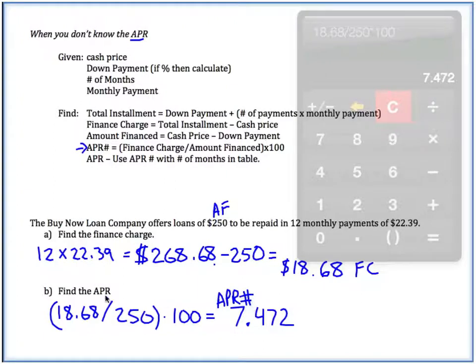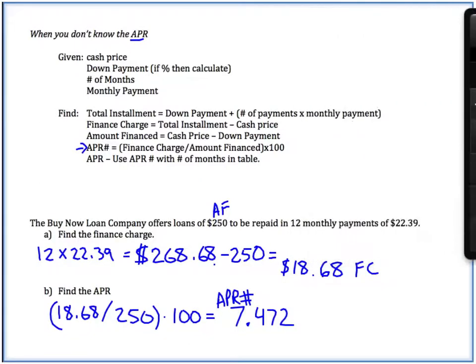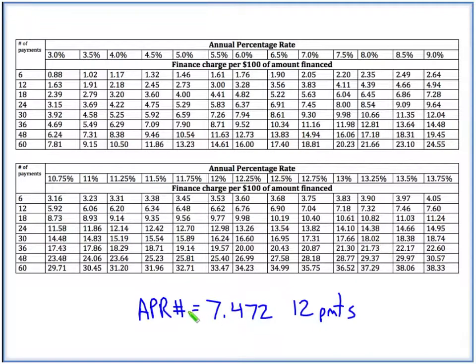Okay, notice this is not the APR. It's just the APR number. So what we need to do is take our APR number with our 12 monthly payments and go look at that table. Okay, so we had an APR number of 7.472, and this was for 12 payments. So what we're going to be doing is looking in the 12 payments row.